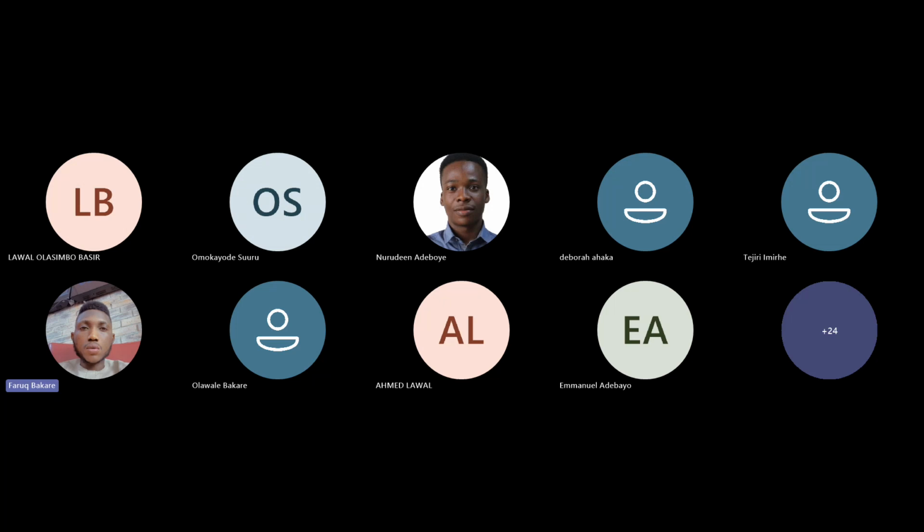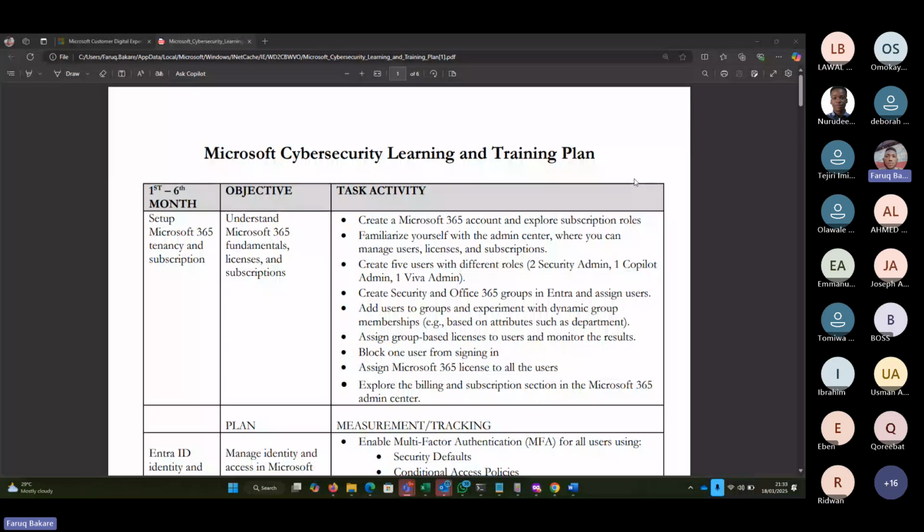We have a lot of learning parts, a lot of tasks and activities that we are going to perform. In our last session, we agreed that we would read up on the first activity, which is understanding the Microsoft 365 fundamentals, the licenses, and the subscriptions, right?